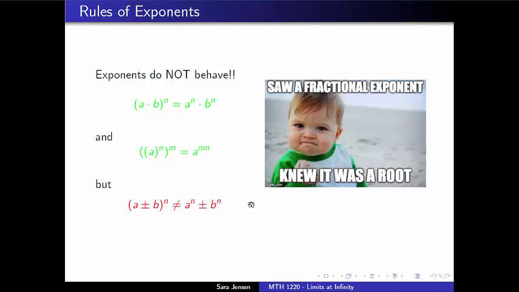So I sometimes call this the exponents do not behave rule, because just because it looks like a rule that you might want to be true doesn't mean it actually is true. These are some things that take a lot of practice to get used to, knowing what is automatically a rule and what isn't. So it's worth maybe writing them down, keeping notes with you so that you never forget.